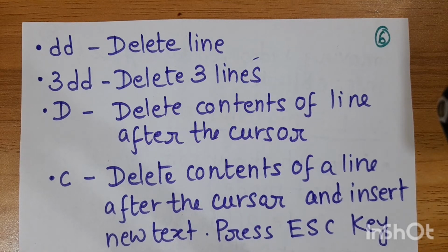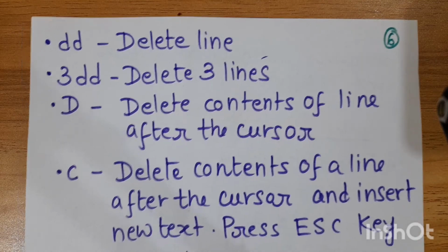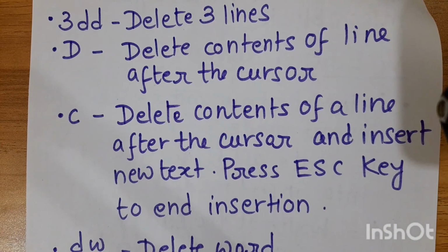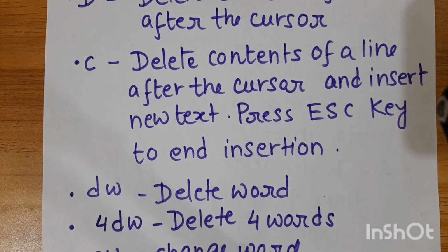Small c, what does it mean? Delete the contents of a line after the cursor and insert new text. We delete the content and write the new content, then press the escape key to end the insertion and move to the command mode.